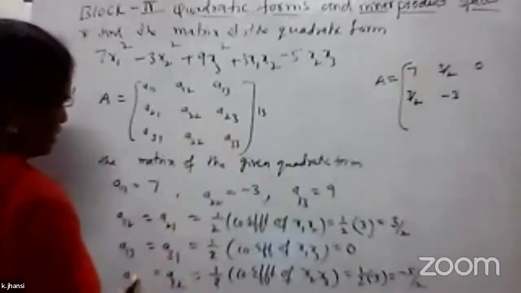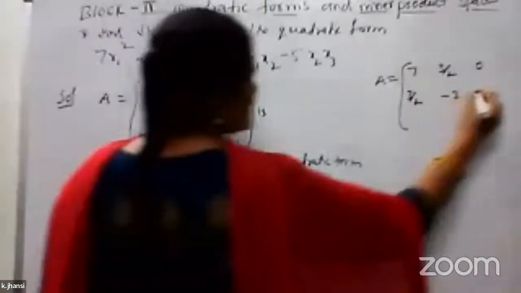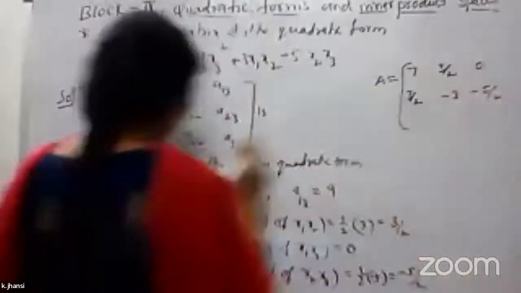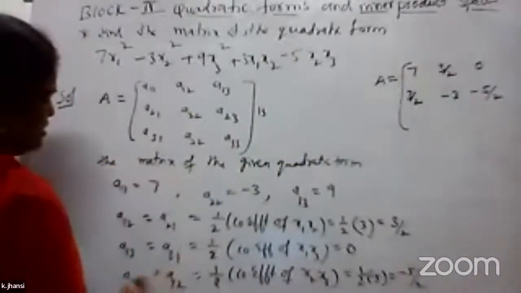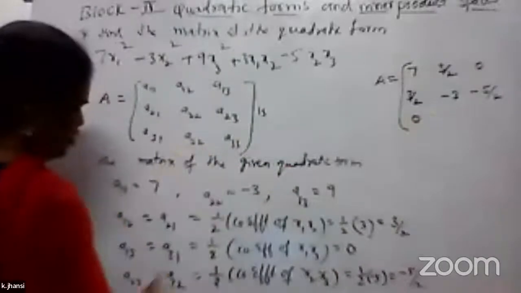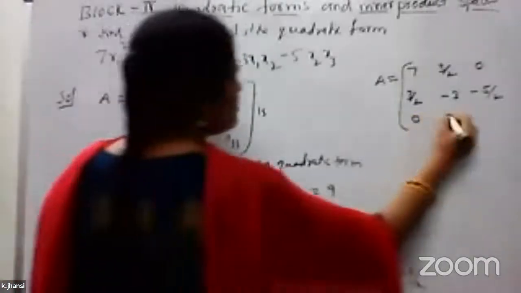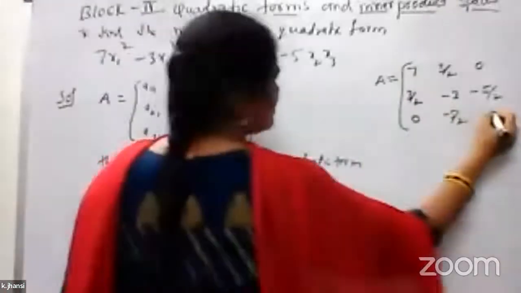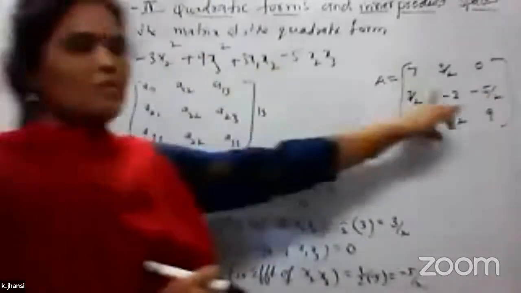Next, A23 value is minus 5 by 2. Next, A31 value is 0. A32 value is minus 5 by 2. Next, A33 value is 9. So like this, we have to write the given quadratic form into matrix form.